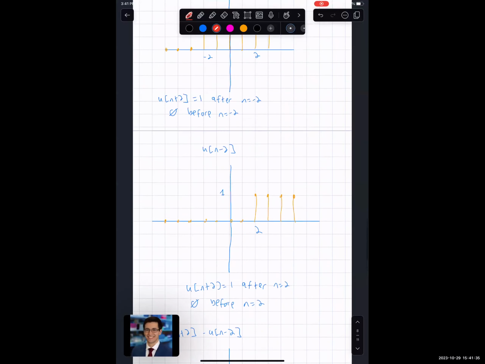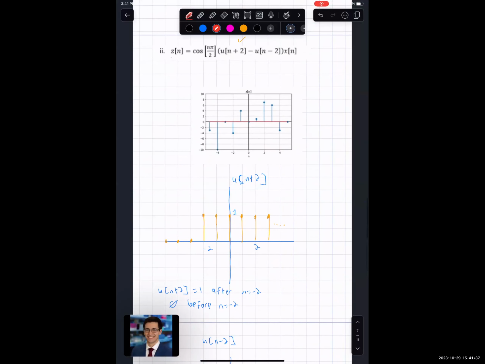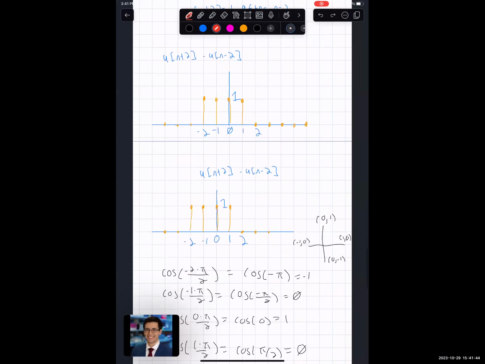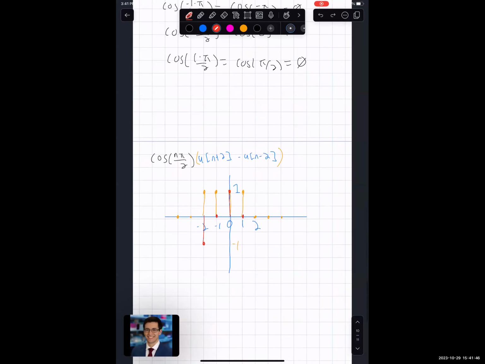Just as a recap, by subtracting these 2 unit step functions, we get that our entire x of n will be 0 except for these 4 values. And after going through one more step of multiplying it by cosine n pi/2, only 2 of those 4 values will not be 0. So we really only care about n equals -2 and n equals 0.